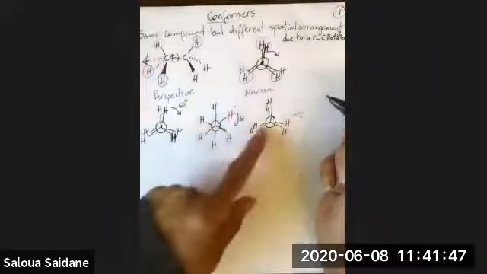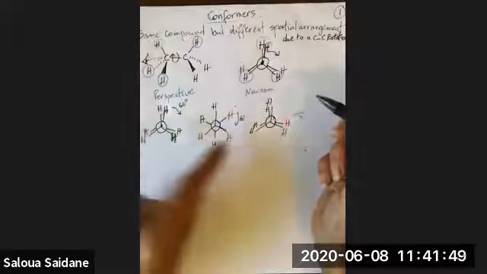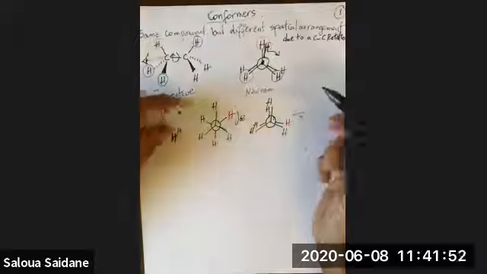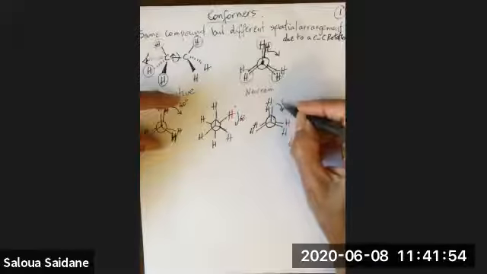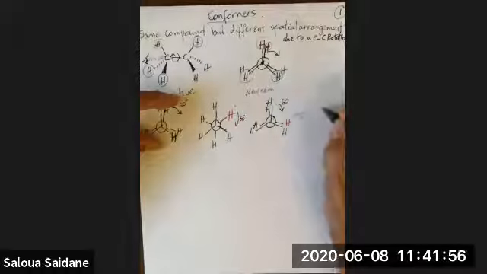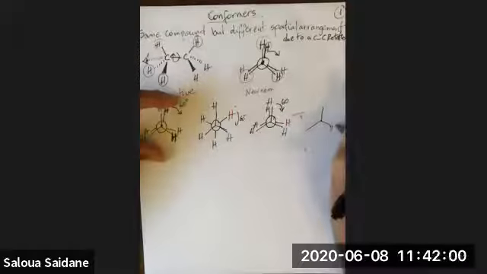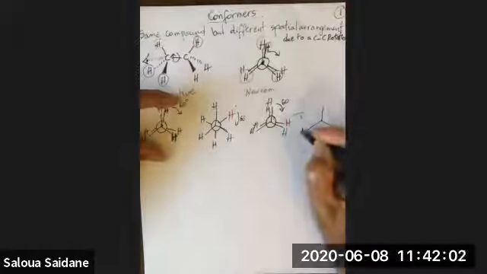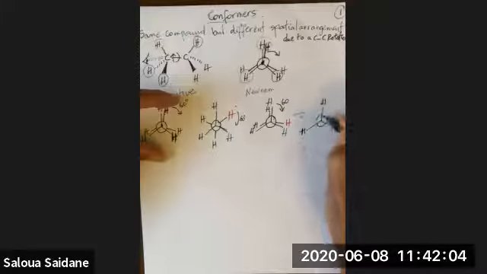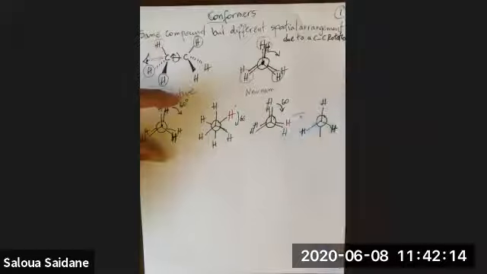So you start to see that these two are the same and this one is slightly different. If we rotate again 60 degrees, we're going to get this. The front hydrogen should be green, but then the back one is now down here, the red one.